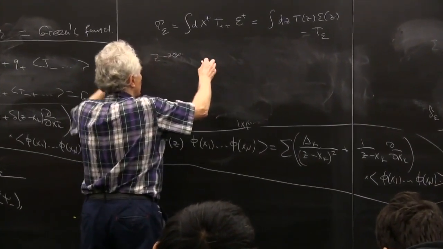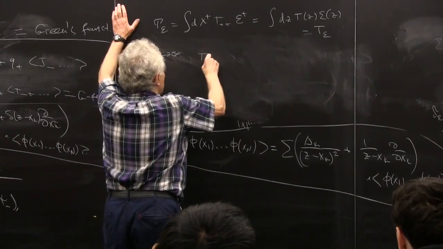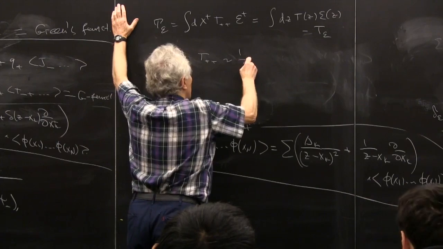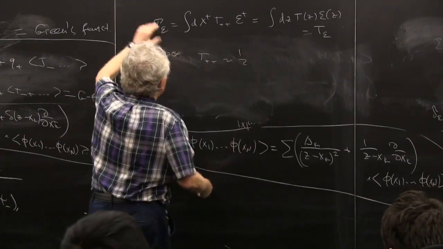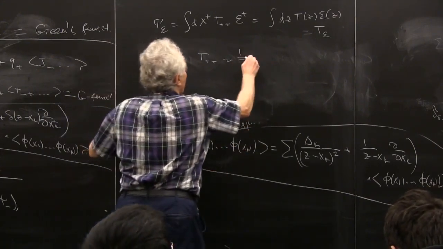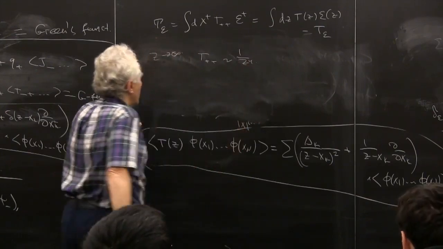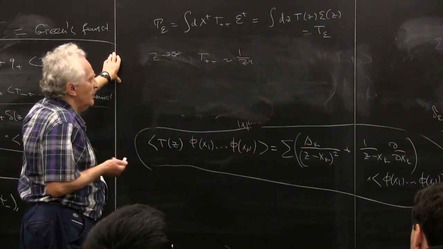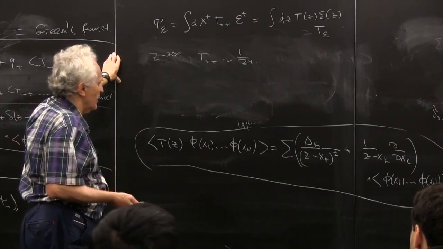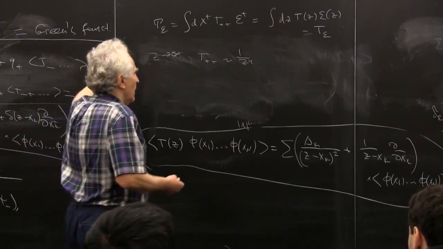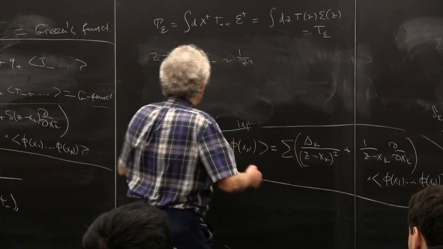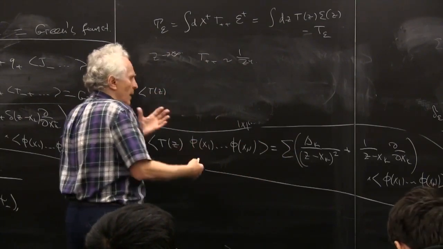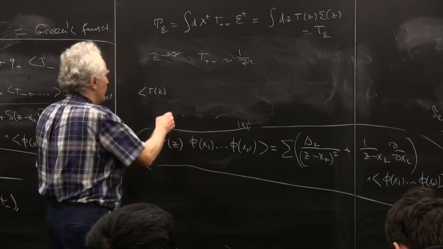The natural behavior of T++ would be 1 divided by z to the 4th. I shall explain why. Let's see if we can actually reach this as we take z to infinity, and you will see why I'm concerned about infinity.